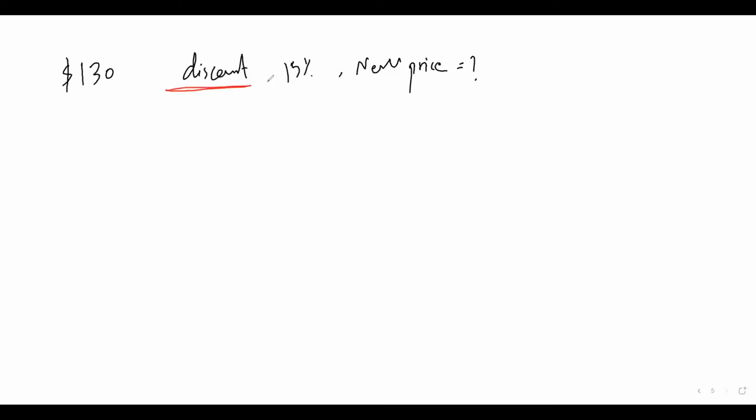But if you want to use the formula that I just told you, all you need to do is to write the old price and multiply it by 100. Since it's discount, right? You subtract 15, then percentage equals the new price.